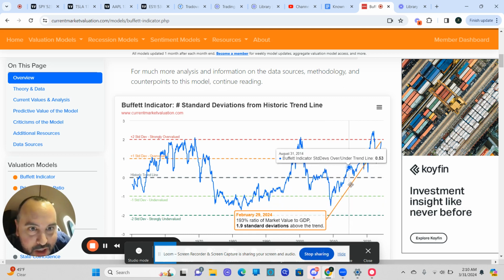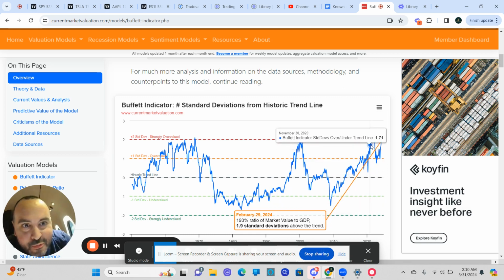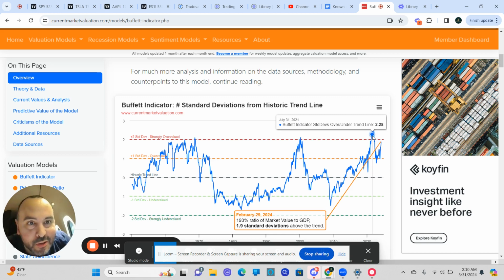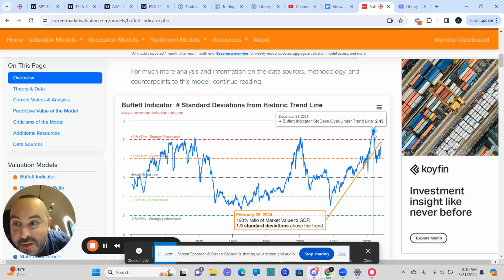And then, as you can see, we went back up and once again breached that 2 deviation, and stocks were again extremely overvalued. I'm sorry, that was December 2021, so December of 2021 or January of 2022.